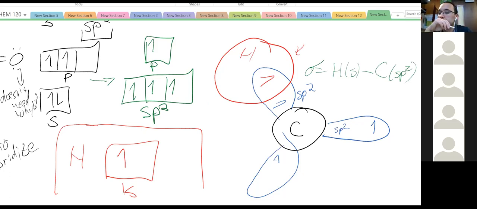Couldn't you just say p2 orbital? No, because you have to say that it is hybridized. That hybridization is because of a mix of the s orbital and the p orbitals. If you just said the p2 orbital, that would mean it was unhybridized and it was just its p orbitals.